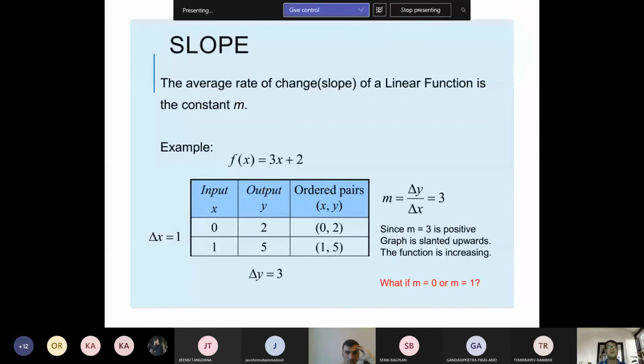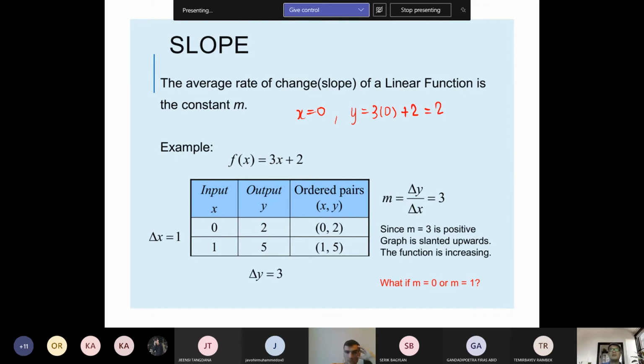Now, for example, for this function, when the x is 0, the y will be 3 times 0 plus 2. So the y is 2.